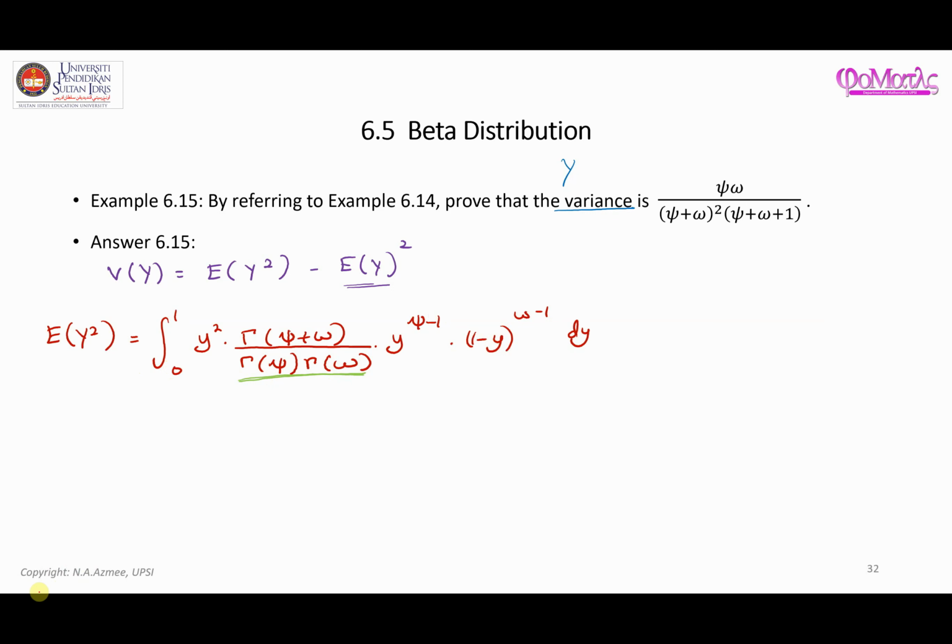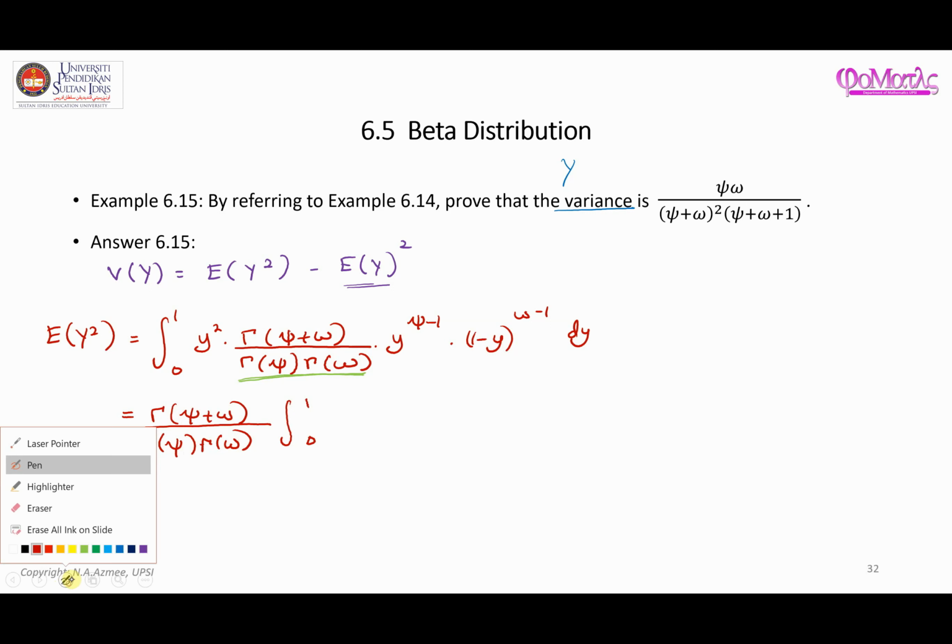So what we have then is gamma function psi plus omega. This one is this guy right here. Next is 1 and 0, and again I'm just going to combine this value here, y with y, and I'm just going to try and write y in terms of something minus 1.